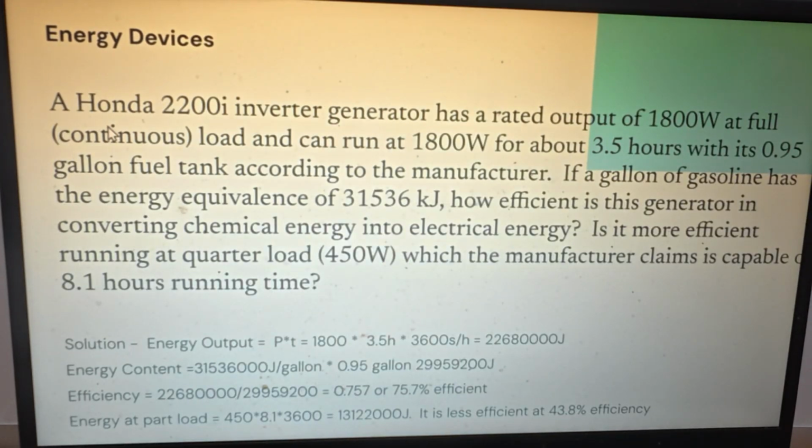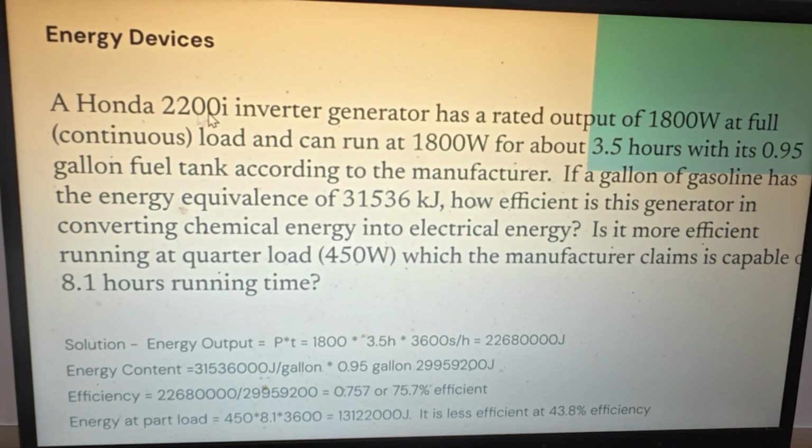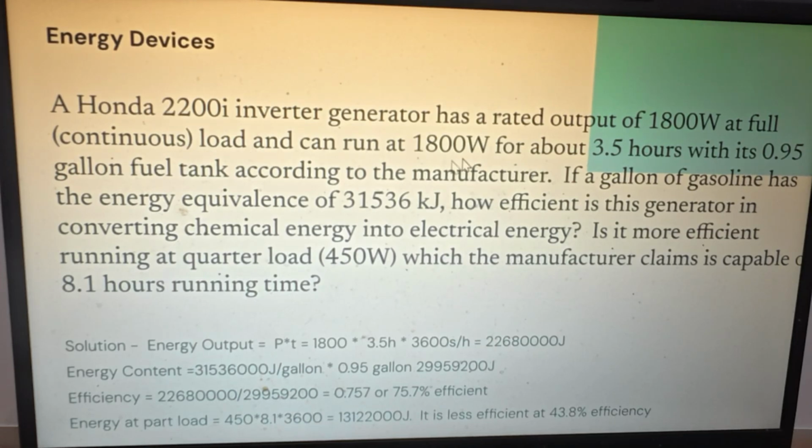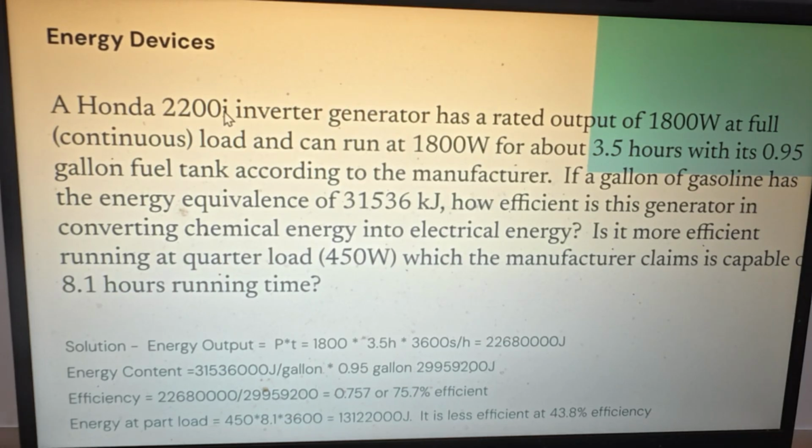Okay, let's consider another sample problem. A Honda 2200i inverter generator has a rated output of 1800 watts at full load. That's the continuous load rating, 1800 watts. It can surge up to 2200 watts, but its sustained full power is 1800.